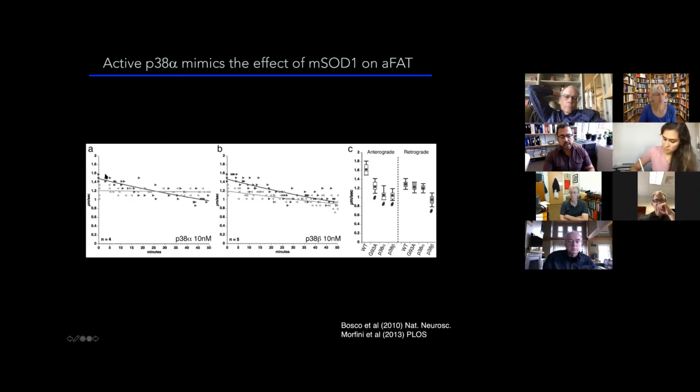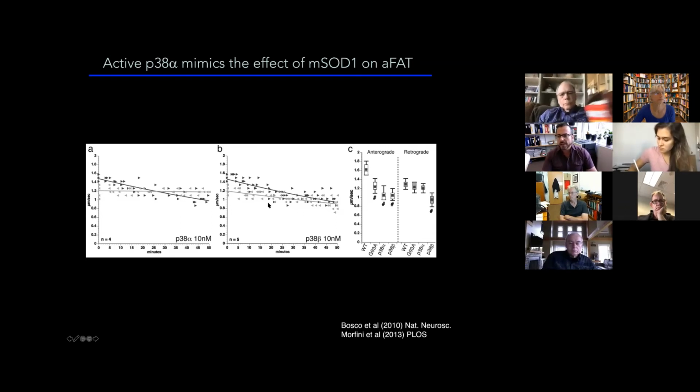And you can see that perfusing the axoplasm with P38 alpha yields exactly the same result that we saw when we were putting in the mutant SOD1, meaning that anterograde axonal transport was inhibited. But look how impressive, because P38 beta, which is a kinase that acts on a lot of the same substrates that P38 alpha does, has a slightly different effect.